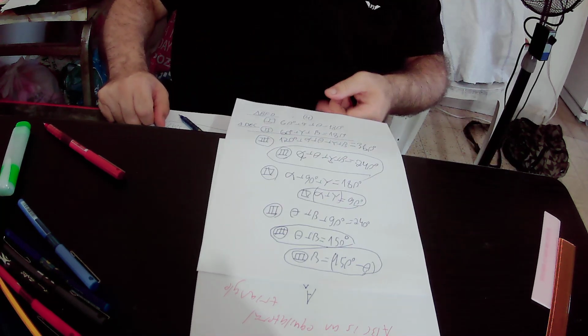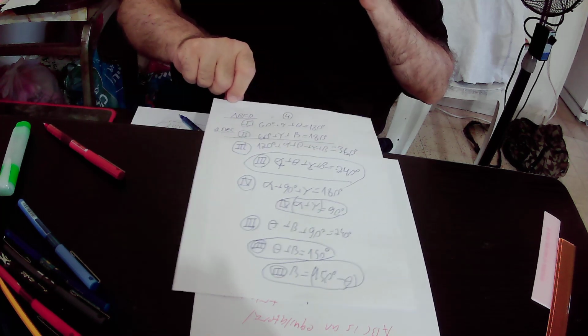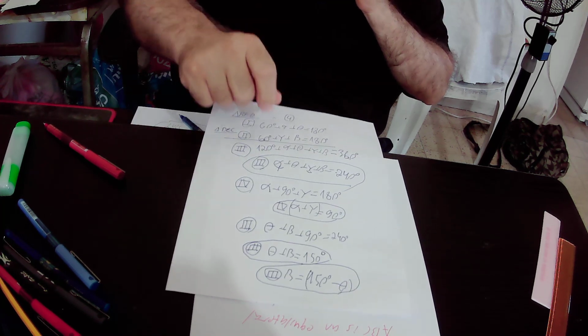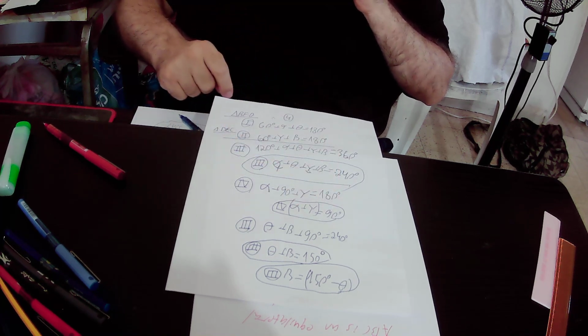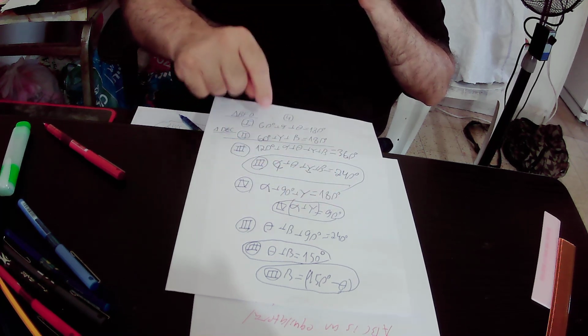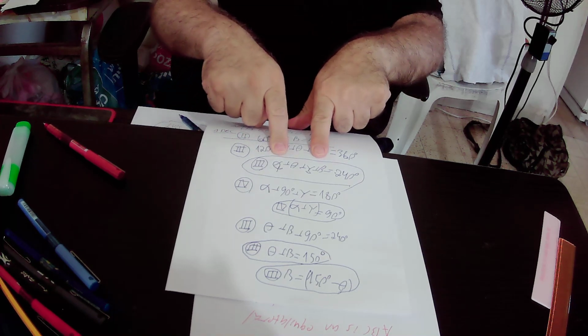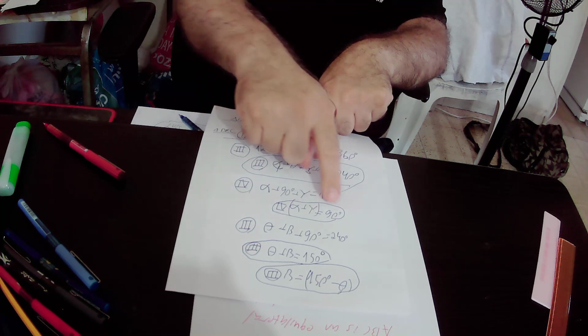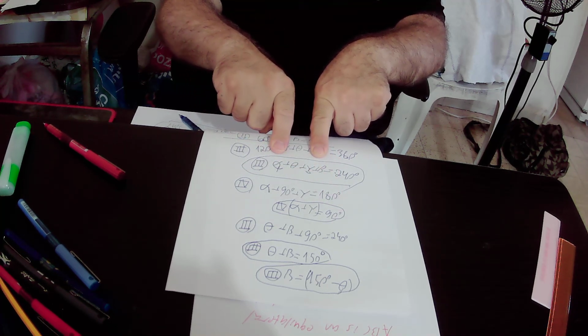Okay, so we got from the fourth equation that alpha plus gamma equals 90 degrees. But we have in the third equation also alpha plus gamma. And if alpha plus gamma equals 90 degrees, then we can substitute alpha plus gamma by 90 degrees in the third equation.